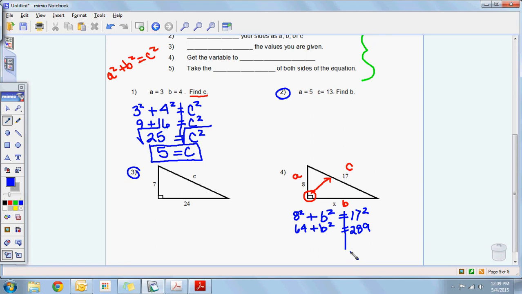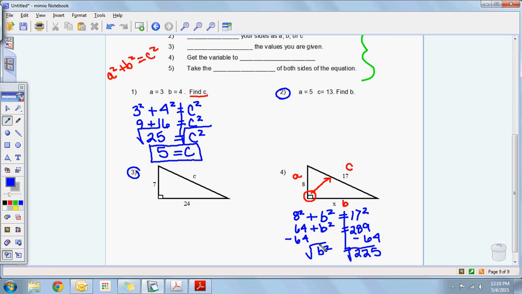Okay, so now, my B is on this side. I need to get this by itself because that's what I'm solving for. So I'm going to subtract 64 on both sides to get B by itself. So I'm left with B squared equals 225. I'm not done, remember? I'm not done until this exponent is gone and the B is completely by itself. So the opposite of squaring something is finding the square root.